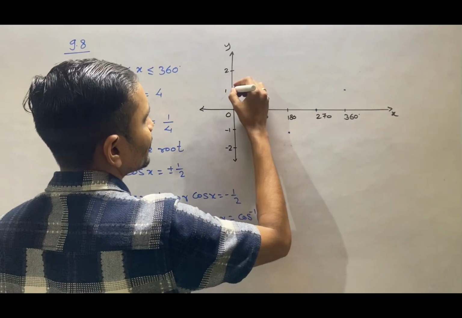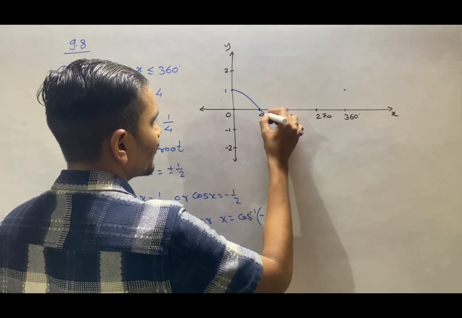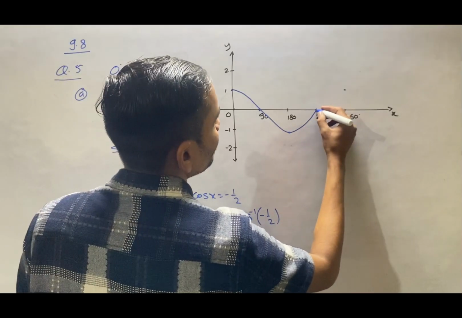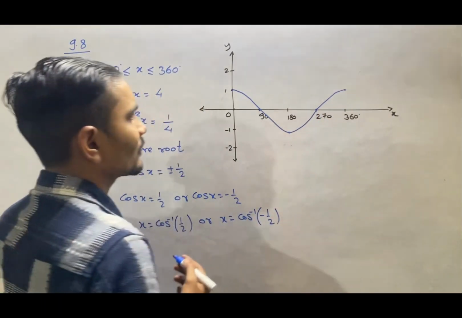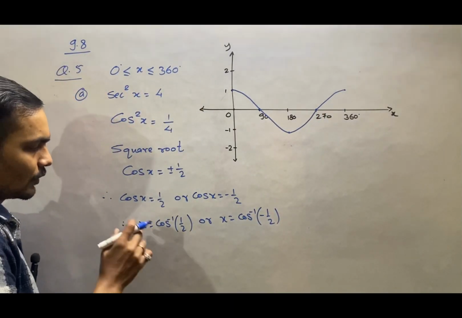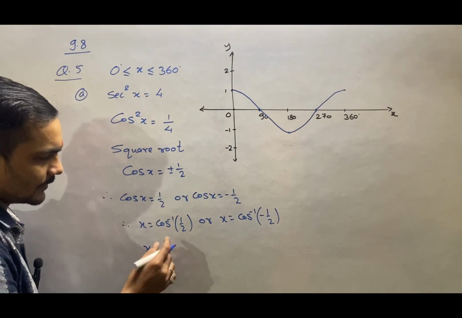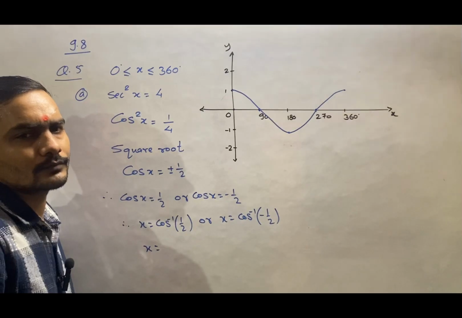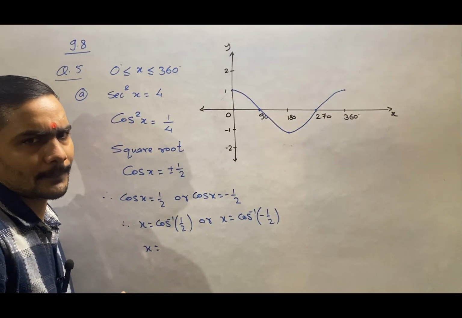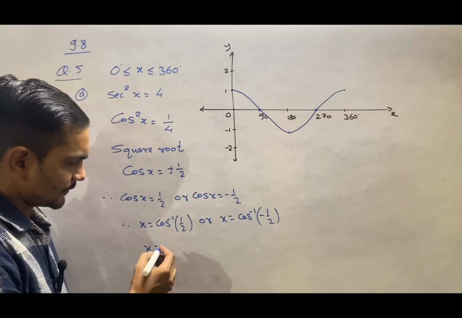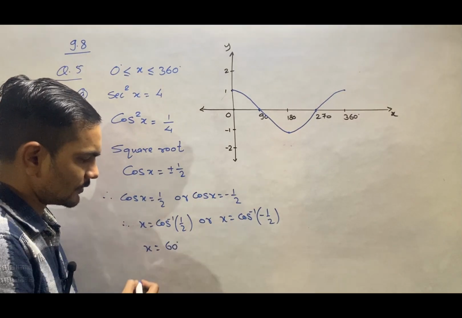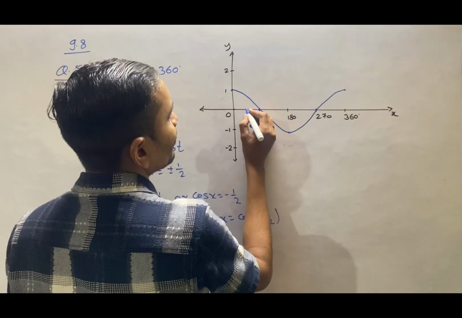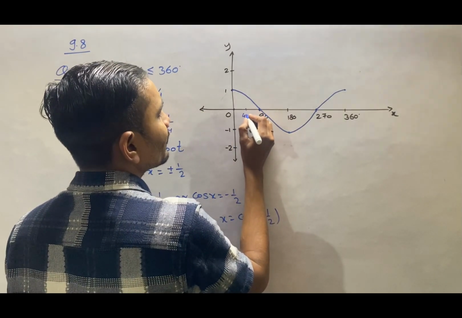So if we connect these dots, this is our graph. So now if we find the value of cos inverse of 1 over 2, it is 60 degrees. So 60. Okay, so cos 60, 60 is somewhere after, let's say this is 45.